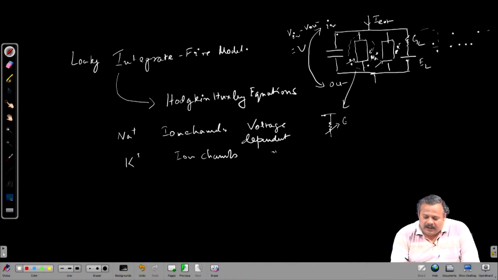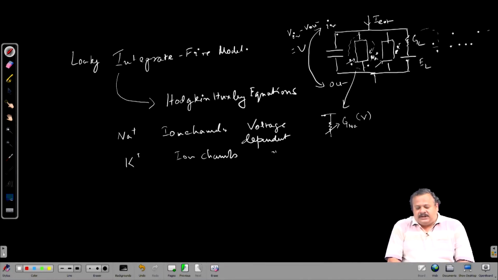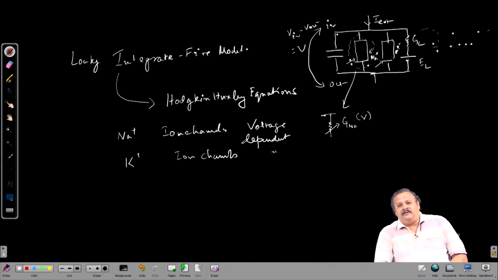We can call that conductance G_Na as a function of the voltage across the membrane. If you recollect our discussions on the voltage gated channels, this must capture the behavior of the ion channel as the voltage changes when there is some current injection.